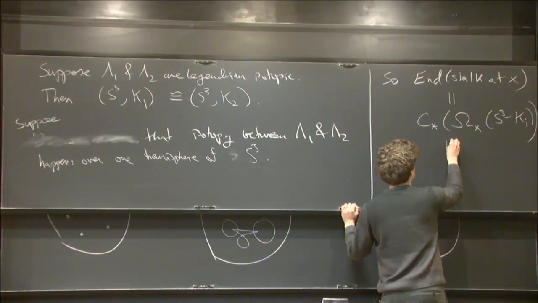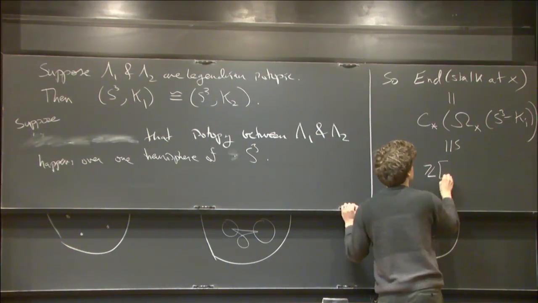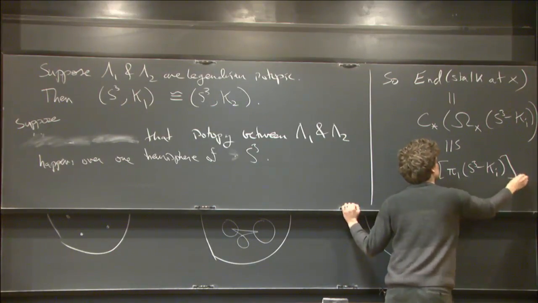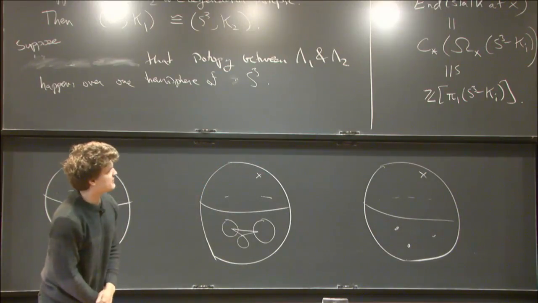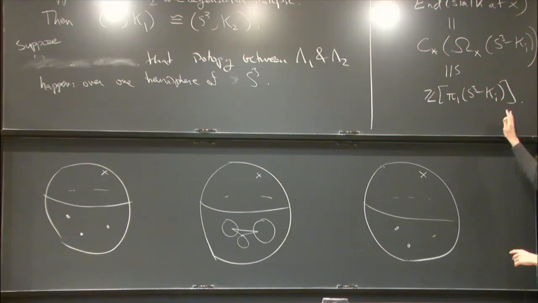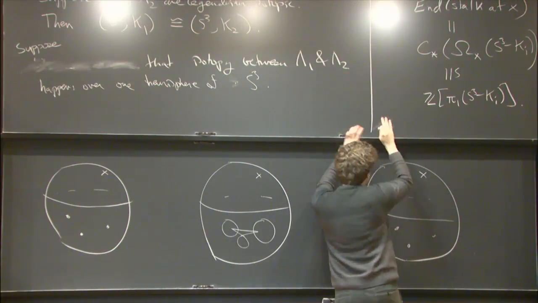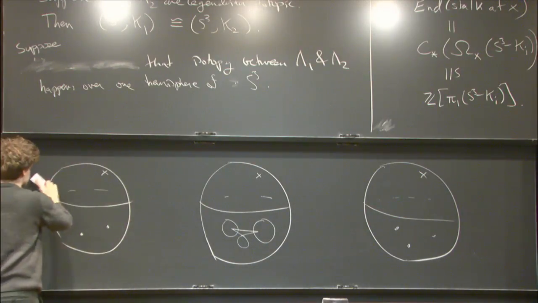Which reduces, in the case of a knot, to just the group ring. So on account of Guillermo-Kashiwara-Shapira, the fundamental groups of the complements of these knots are the same. So the group rings of the fundamental groups of the complements of these knots are the same.